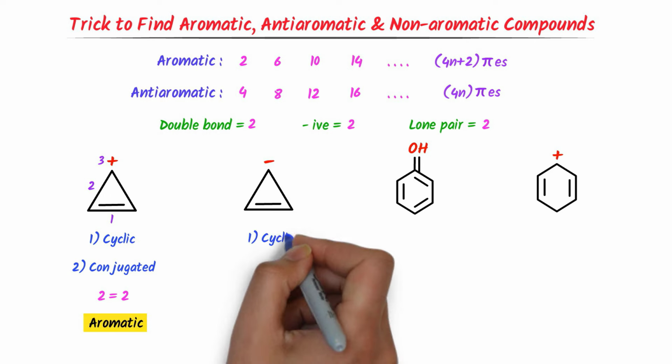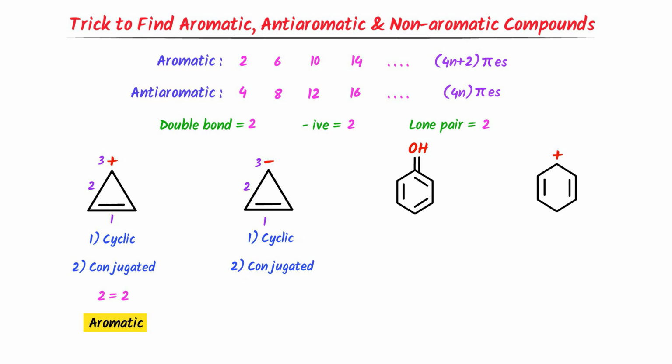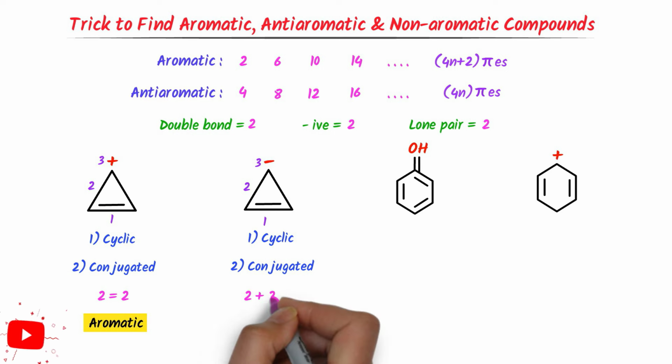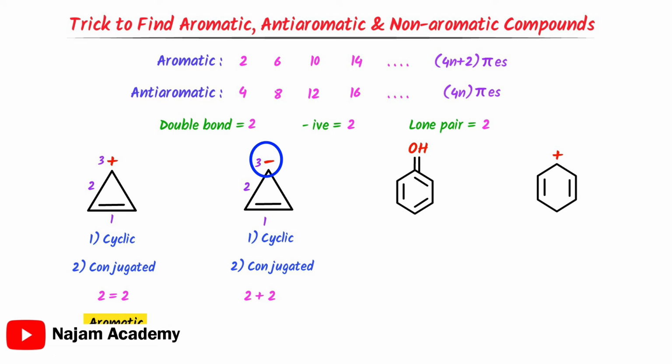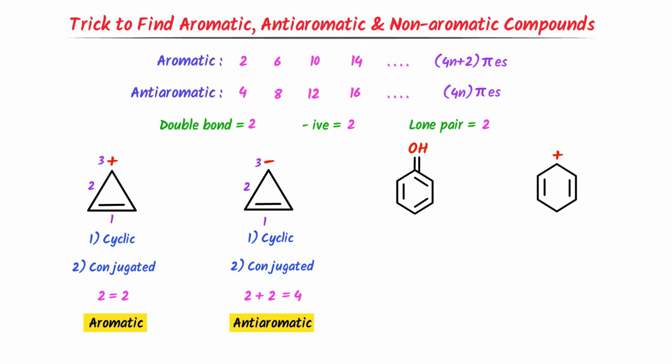Secondly, it is cyclic and it is conjugated. For this double bond, I write 2 electrons. For this negative charge, I write 2 electrons. 2 plus 2 is equal to 4 electrons. According to the rule, if a compound contains 4 electrons, it is anti-aromatic. So this organic compound is anti-aromatic.